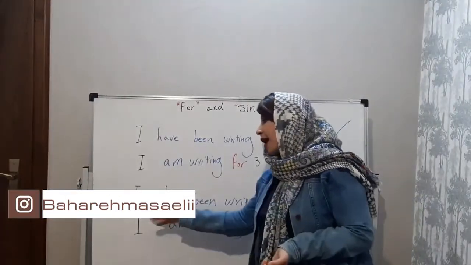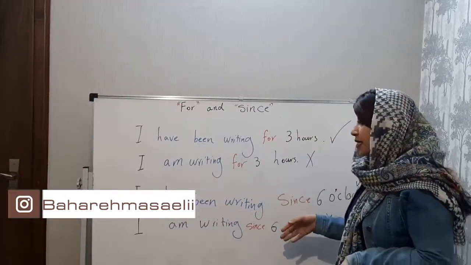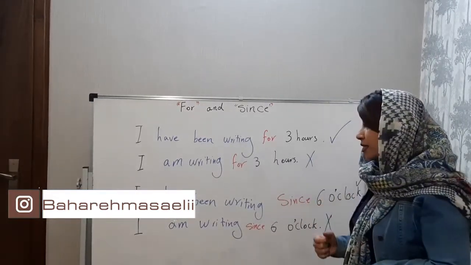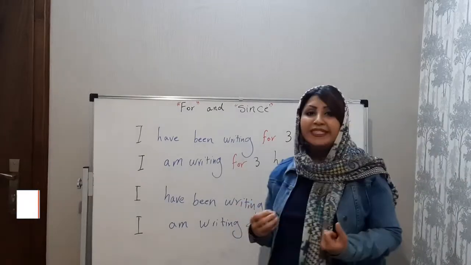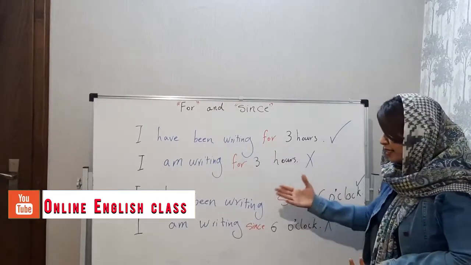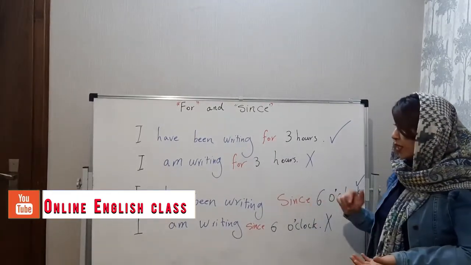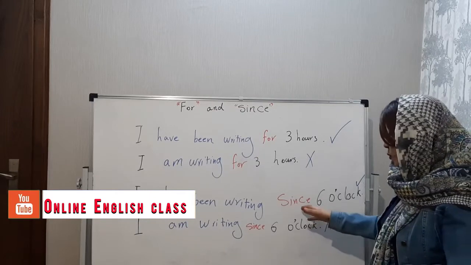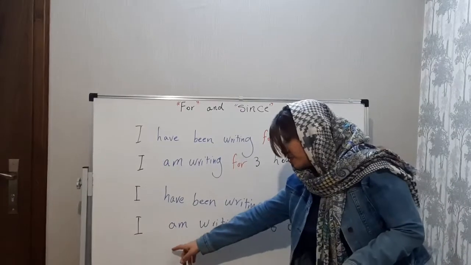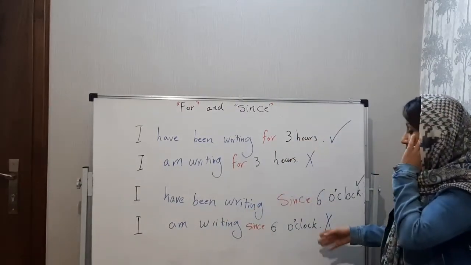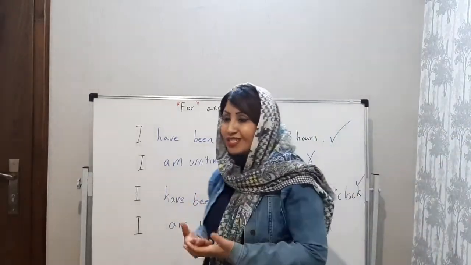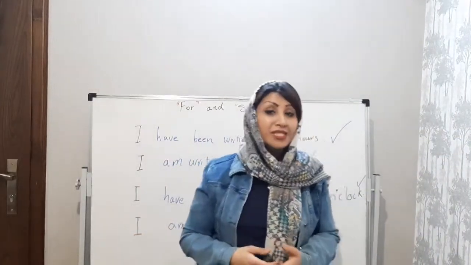Now the next, I have been writing since 6 o'clock. Again, it is correct to say this. We can use this sentence with since and present perfect continuous, but it is not correct to say I am writing since 6 o'clock. It is not correct at all, and you shouldn't make this mistake.